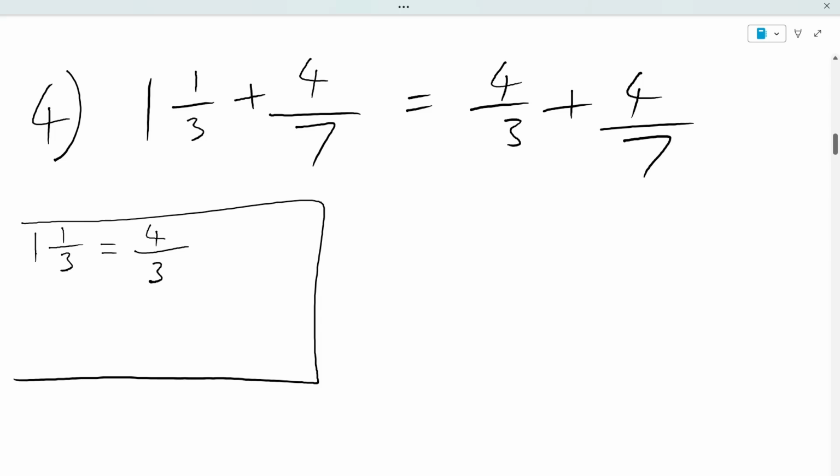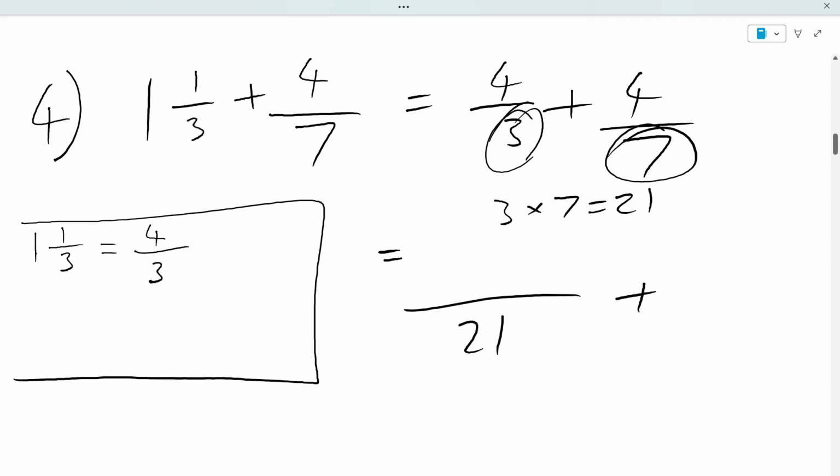And now we need a common multiple of 3 and of 7, and we can just do 3 times 7 is 21. So this is something over 21 plus something else over 21. We can convert if we go to our little side working box. 4 thirds is something over 21. The 3 to the 21 is times 7, so we multiply the top by 7, which is 28.